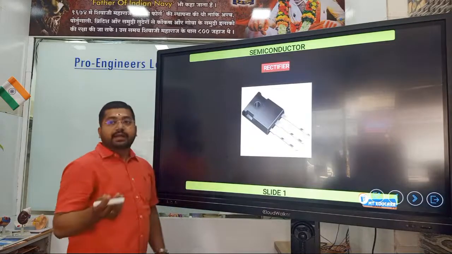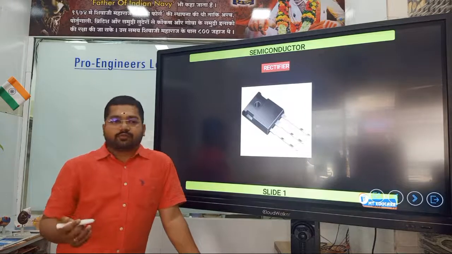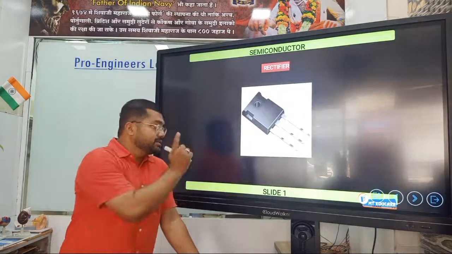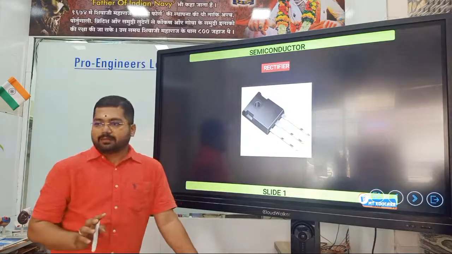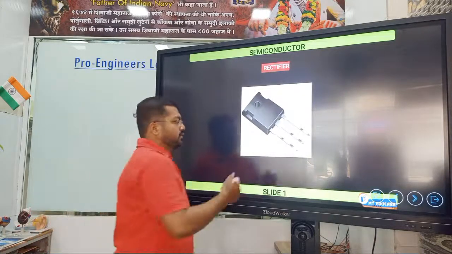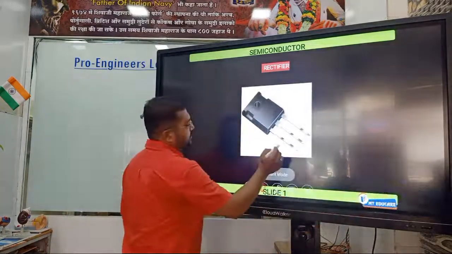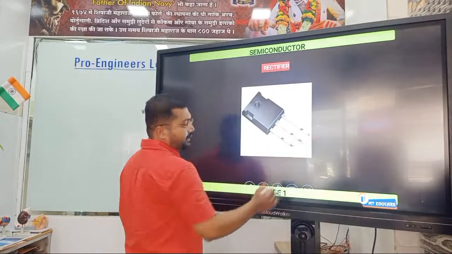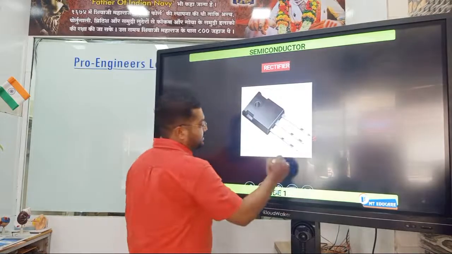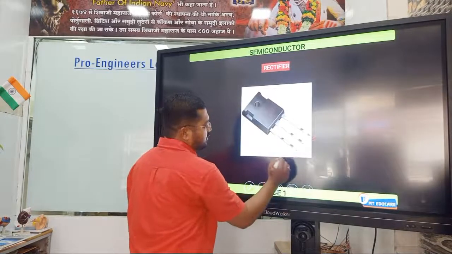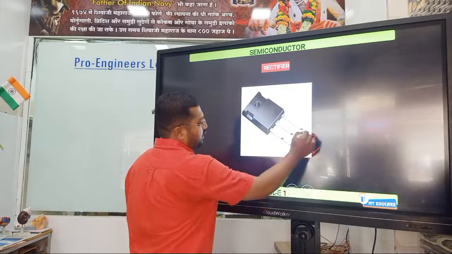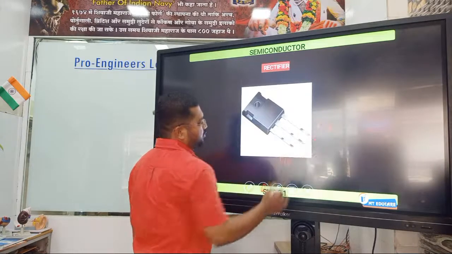So in the market, if we have to take a rectifier, this sort of rectifier is available, right? What are these terminals? Terminal 1, terminal 2, terminal 3. One side is input, the middle one is ground, and the last one is output.